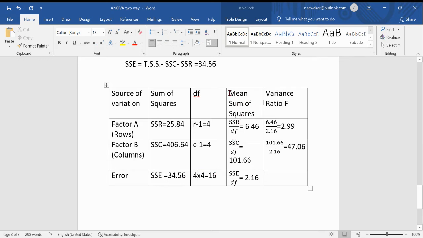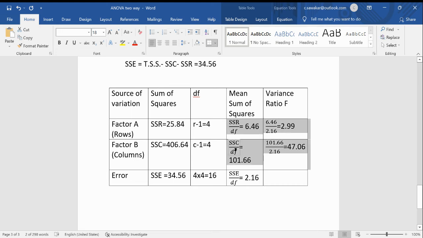Now the mean sum of the squares. This column is given by the sum of the squares column divided by the degree of freedom column. That is SSR divided by DF, that is 25.84 divided by 4, which comes out to be 6.46.